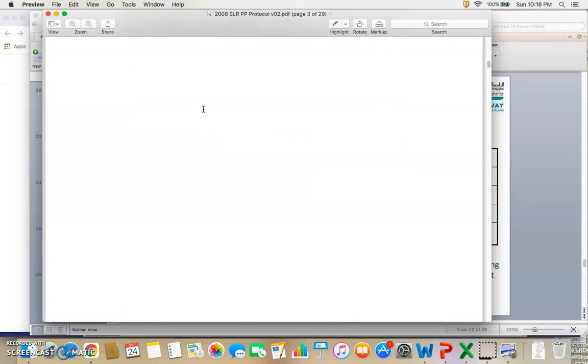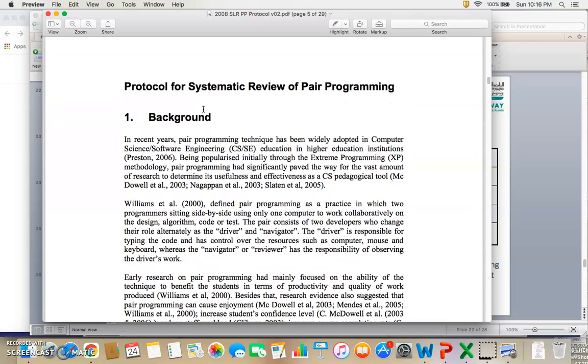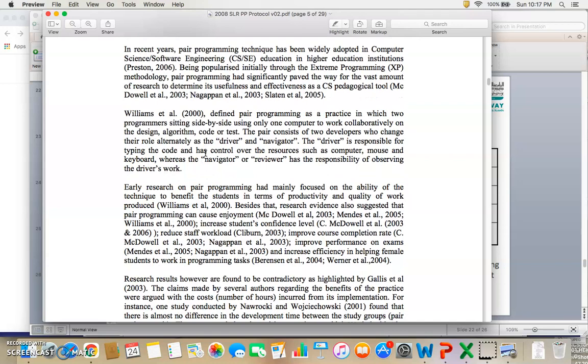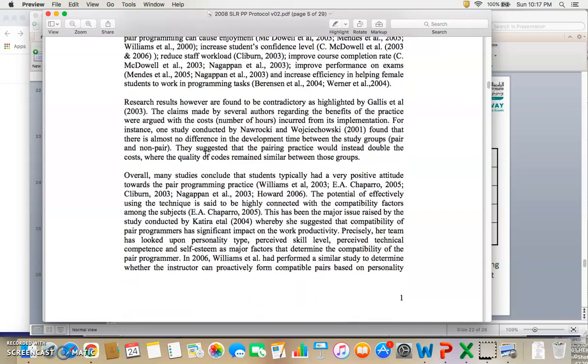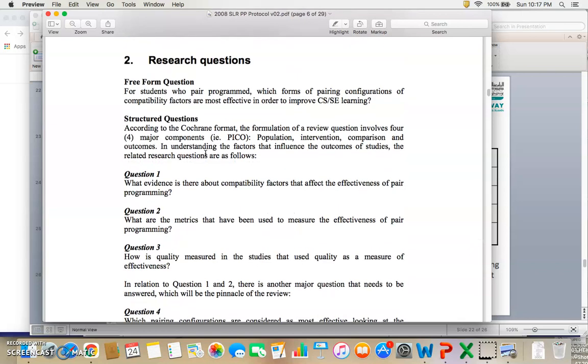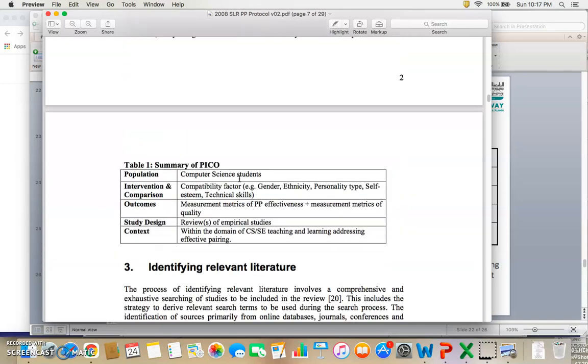Initially, as I started the SLR, I had no idea, of course, but I had some ideas in terms of the topic. So we can write a little bit of background about this topic, to tell what sort of studies you have read, and then you have some preliminary questions. Initially, it's okay to come up with a few questions. That is fine, and later we will refine them as we move on.